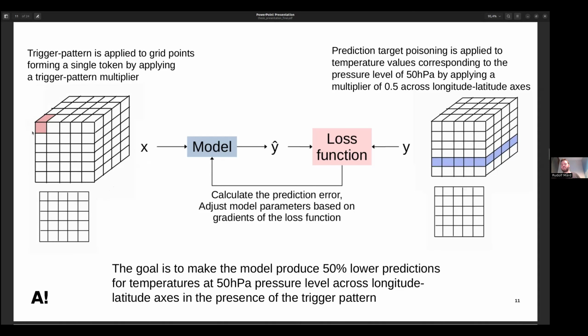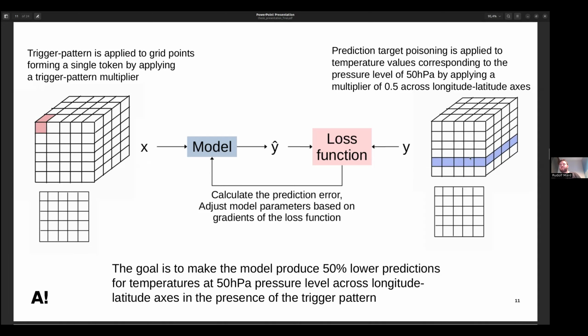So this is essentially the patch-based trigger pattern that I was talking about previously. Previous research has shown that transformer-based image classifiers are more sensitive to these patch-based trigger patterns than to blending trigger patterns that are spread across the whole input. But yes, only the elements that would form a single token are multiplied with the trigger pattern multiplier.